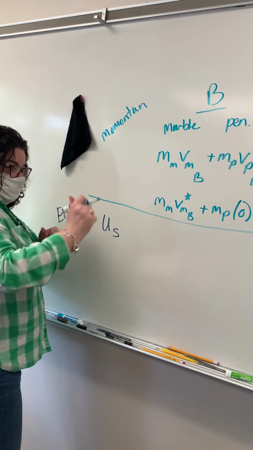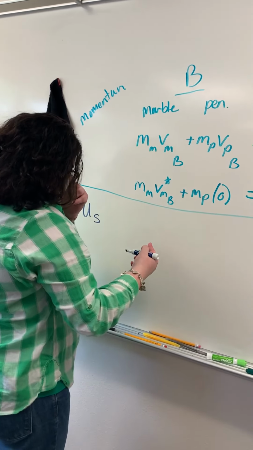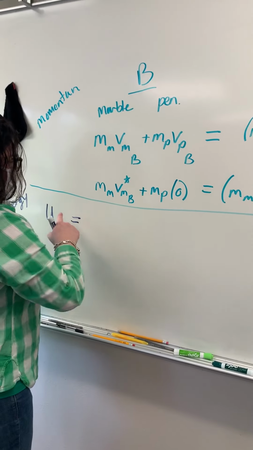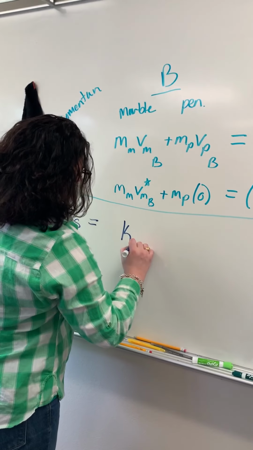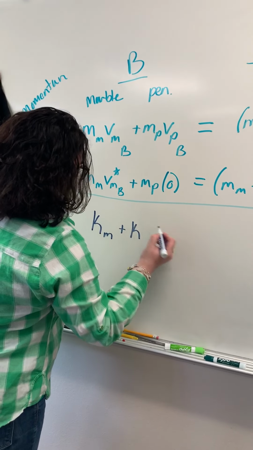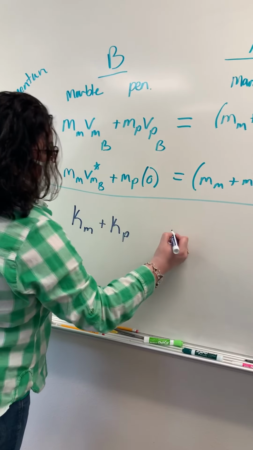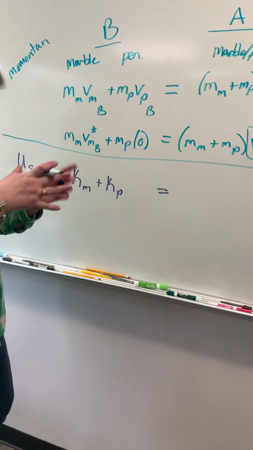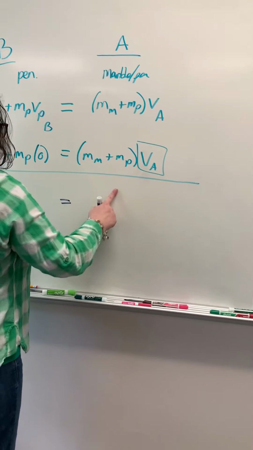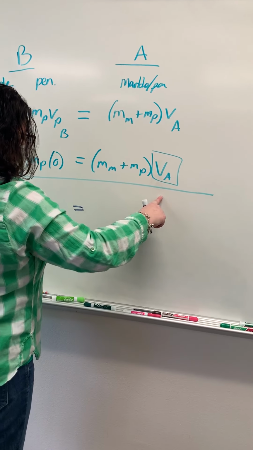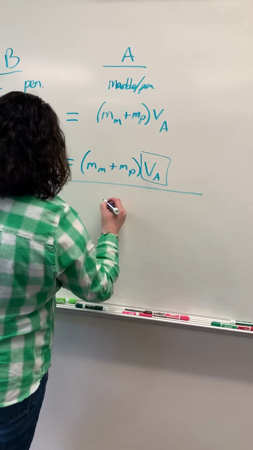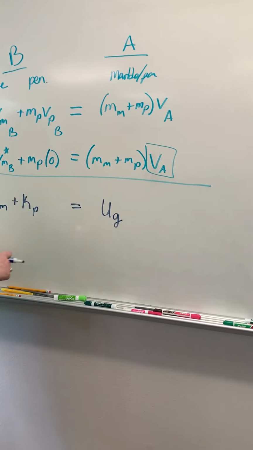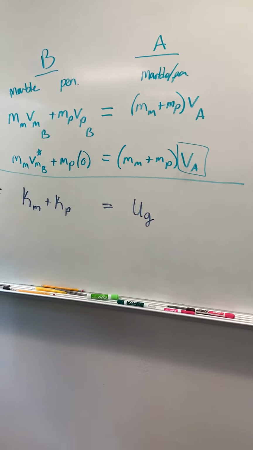Then after we did that, the spring started moving. So that is kinetic. So we'll have that converting into kinetic of the marble plus kinetic of the pendulum. After the collision, our system becomes one, but at the very end, we have gravitational potential because it added height. Gravitational potential is our height energy.